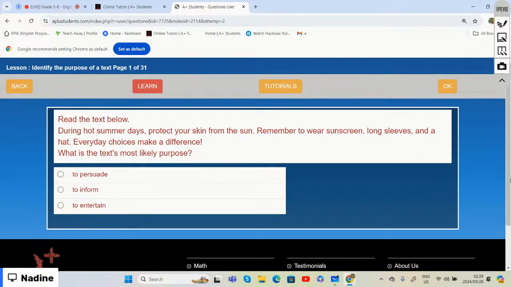If we were to choose the correct option to show whether the author is trying to persuade, to inform, or to entertain us, we can say the author is trying to persuade us, so it's option one.